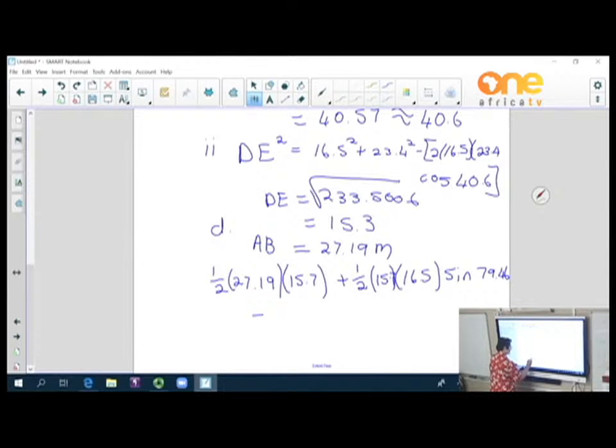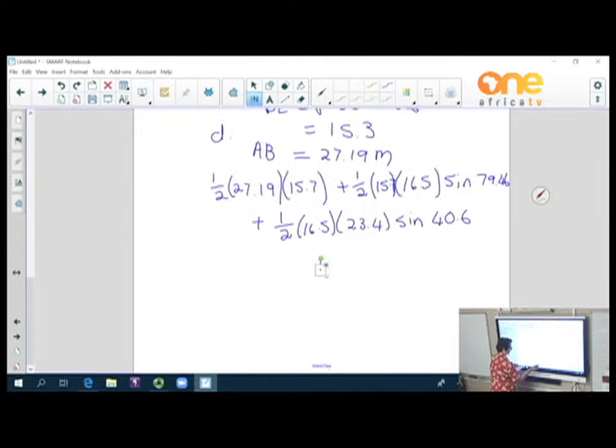And then plus the third triangle, which is not a right angle triangle either. So it will be half of 16.5 times 23.4, and the included angle there is sine 40.6. Make sure that you take two sides and the included angle every time.